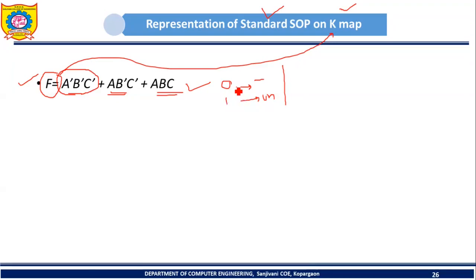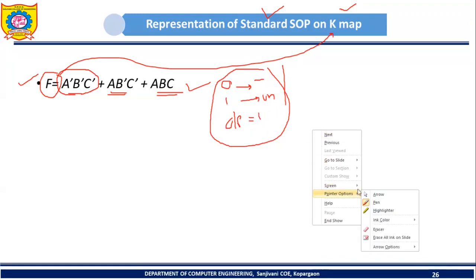Then another important difference: in case of min term, the output is 1, and in case of max term, the output is 0. Here we are going to discuss only min term, so just focus on these two important points. In case of min term, 0 means complement and 1 means uncomplemented form of the variable, and the output is always 1.